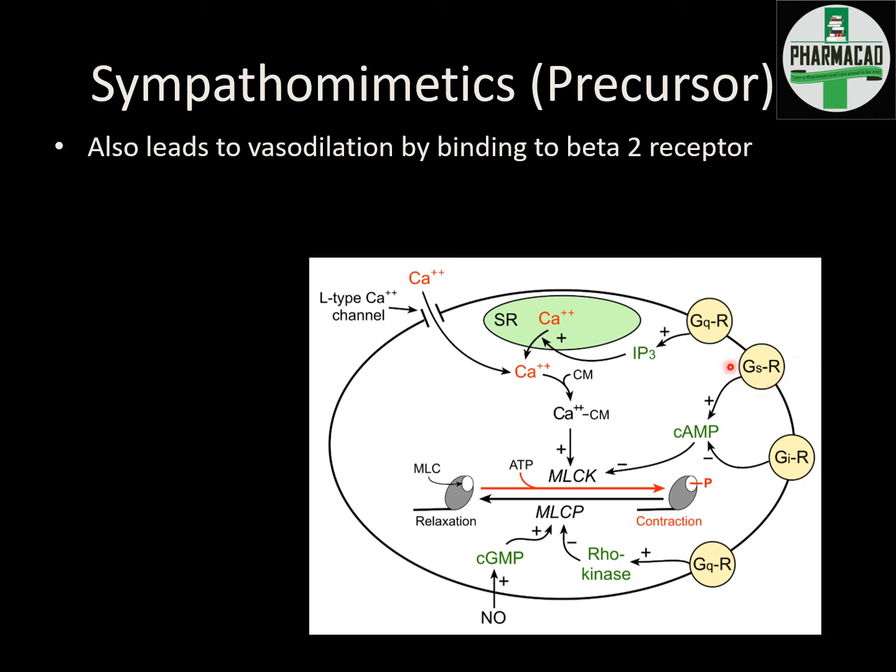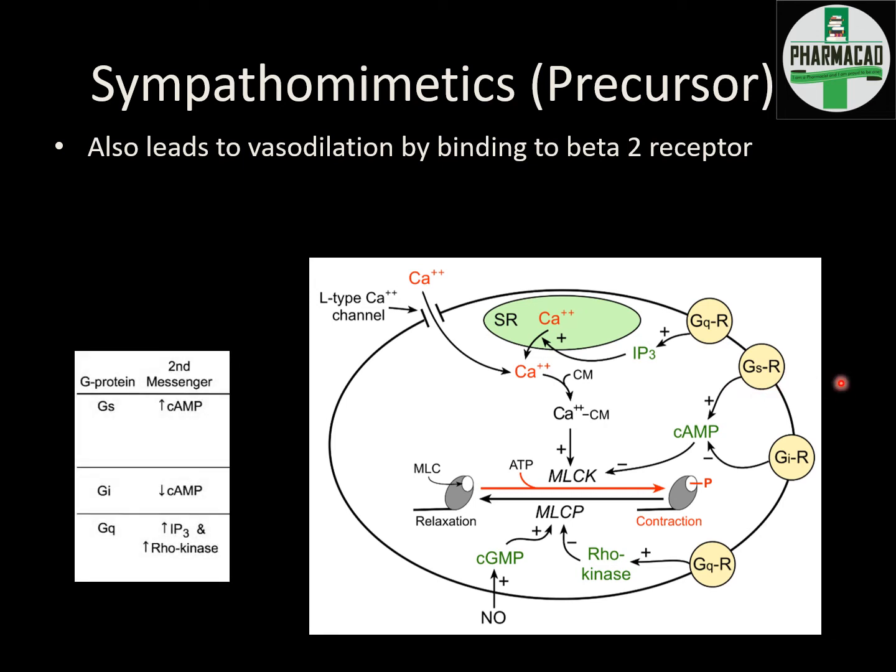It activates Gs type of G protein, and whenever this Gs type of G protein is activated, it increases cAMP level inside the cells. Now, when cAMP level is increased inside the smooth muscle cell, it is inhibiting this kinase, myosin light chain kinase enzyme.